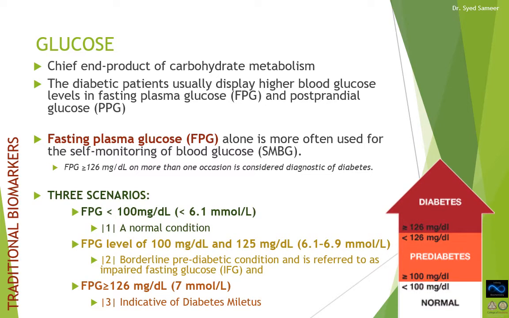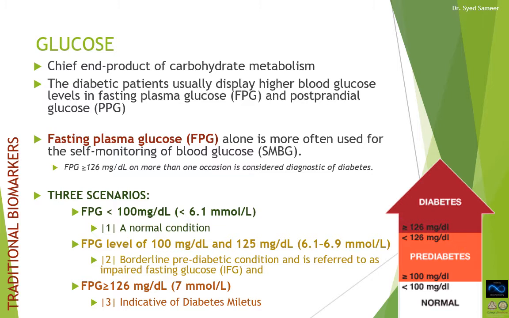There are three scenarios which can happen in measuring the FPG. It can be below 100 milligrams per deciliter, which is reflective of a normal condition. Then there is a borderline, also called pre-diabetes or impaired fasting glucose, where the levels are greater than 100 but less than 126 milligrams per deciliter.